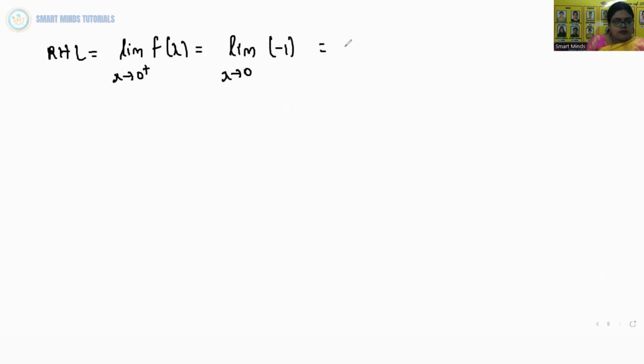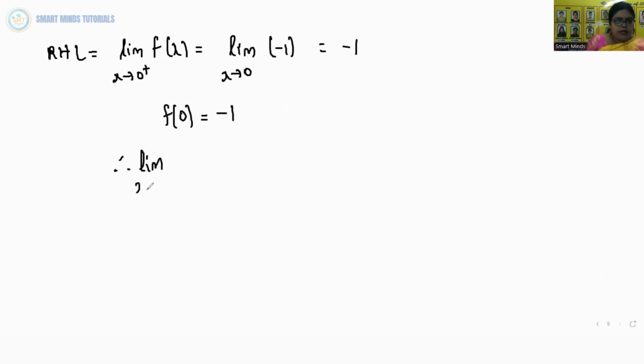Now we need to find right hand limit. So right hand limit is limit x tends to 0 plus f of x. Which function do we choose? Where x is greater than 0. So that is minus 1. So the answer is minus 1. And f of 0 is also minus 1.